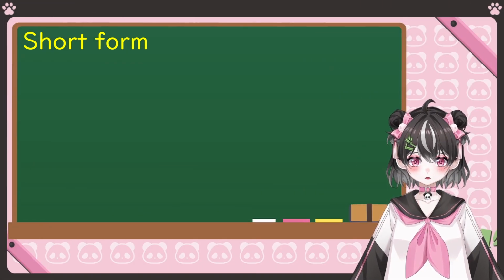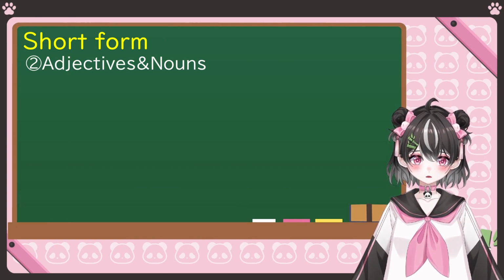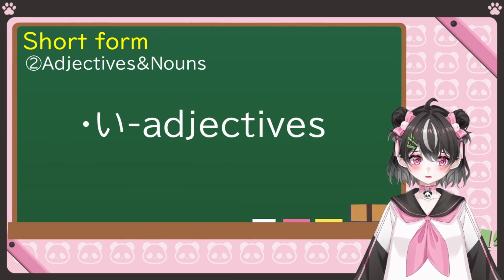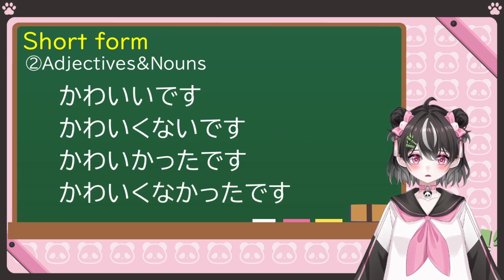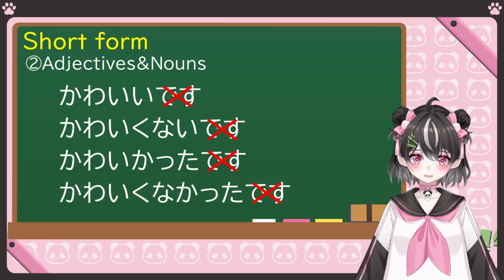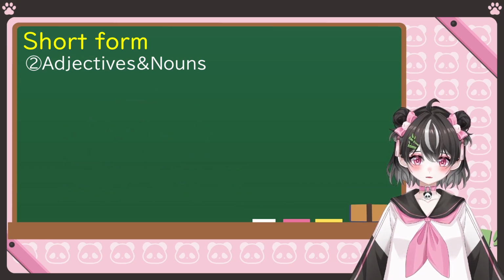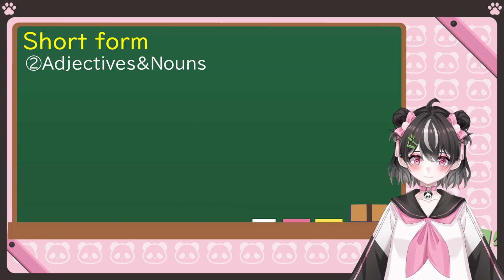Now let's move on to the short form of adjectives and nouns. First, let's look at i-adjectives. The short form of i-adjectives is simple. You just remove desu from the desu form. That's all there is to it, but since we are here, let's review the conjugation.